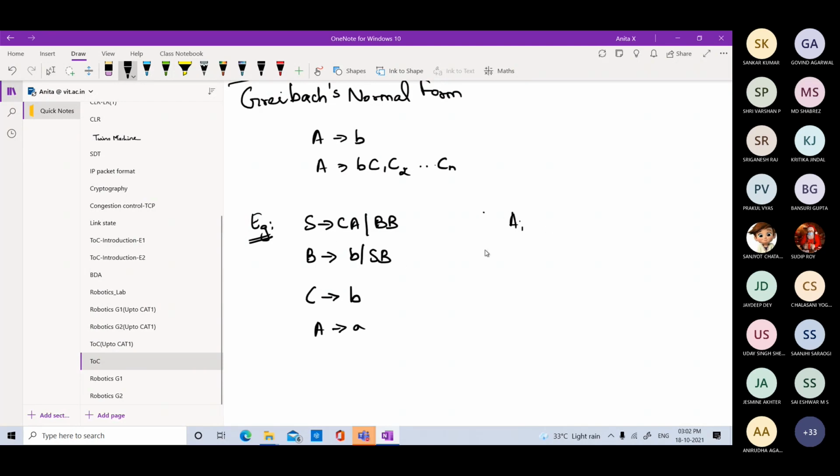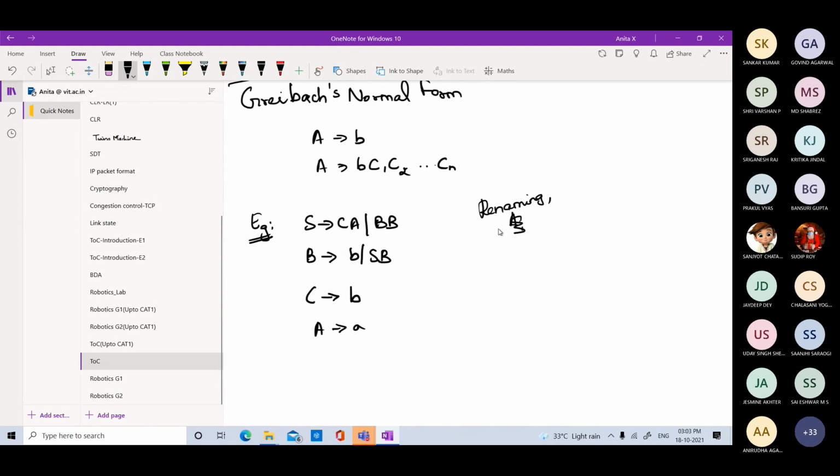First I rename a variable as A1, then the next variable as A2, the next as A3, and likewise it goes on: A1, A2, A3, A4. So first is the renaming of variables.